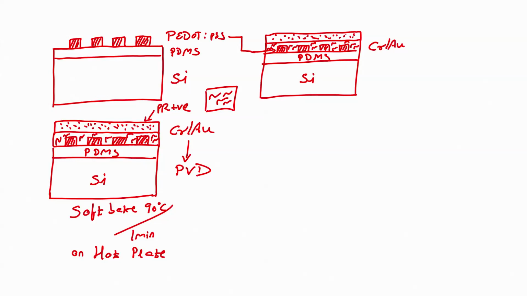On the positive photoresist we have to load a mask, and the mask should be such that it will just protect chrome and gold on the contact pad of the strain gauge, and in the remaining area we do not need chrome gold, right. So, our mask will look like the one that I have drawn on the screen, correct.